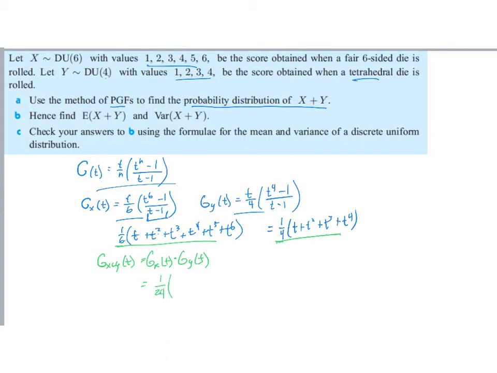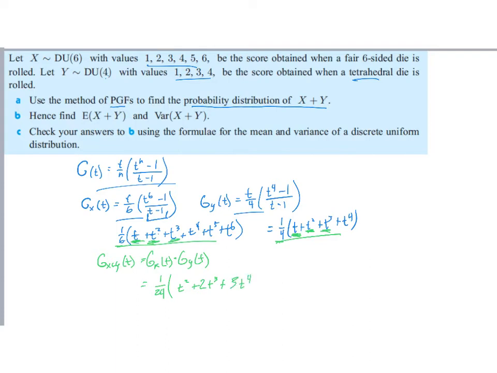Now I need to make sure to distribute all these t's. If I multiply t by t, there's only one way I can get t squared. I can get t cubed by doing t and t squared, or this t and that t squared. Those are the only two ways to get t cubed. Then I'll be able to get t times t cubed, t squared times t squared, and t squared times t cubed, and so I'll have 3 ways of getting t to the 4th.